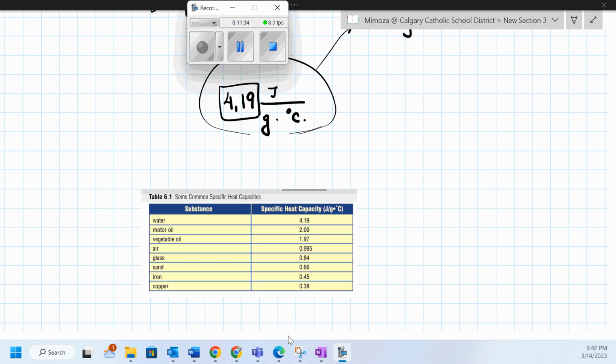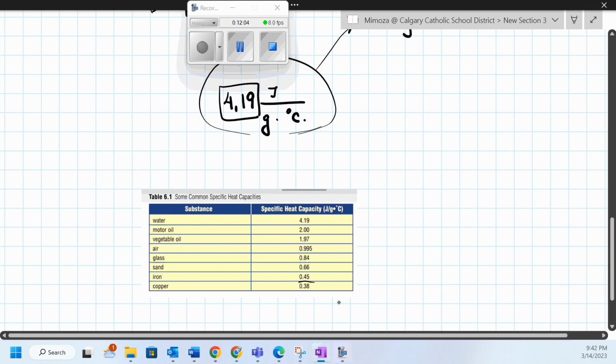From those numbers, you can conclude that the material that needs the least amount of energy to increase or decrease the temperature of 1 gram by 1 degree is copper, because the amount of energy is 0.38, and then it goes up.